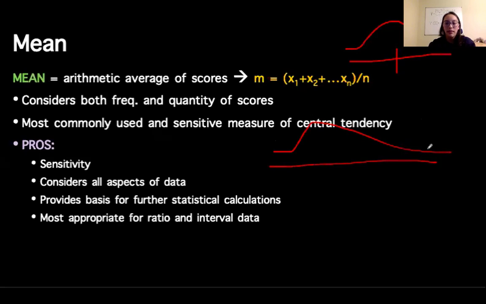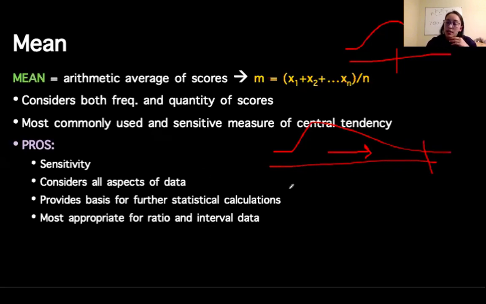What happens when you have outliers is that when you're summing up all of these values and you have this extreme value over here, the mean gets dragged towards that tail, right? So if we do normality testing in addition to calculating the mean, we can figure out if an outlier might exist because we have the sensitivity built into the equation, okay? Which means it considers all aspects of data, including the outliers that we might not want.